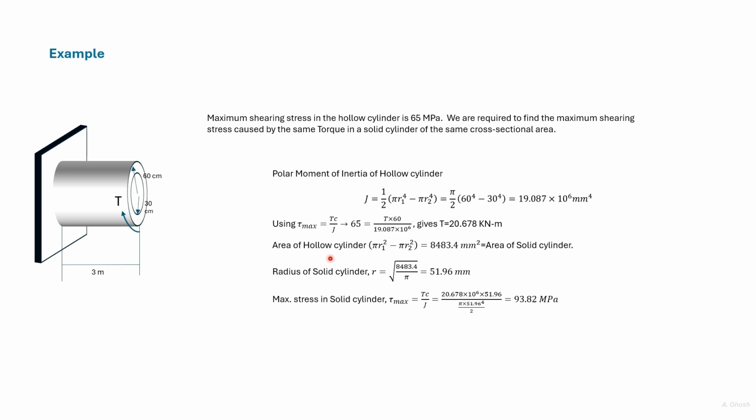So the area of the hollow cylinder is found. And that area would also be the area of the solid cylinder, from which we find out the radius of the solid cylinder. So now we have the geometry of the solid cylinder. We also have the torque acting on it. So we can find out the maximum shear stress acting using the equation tau = TC by J.